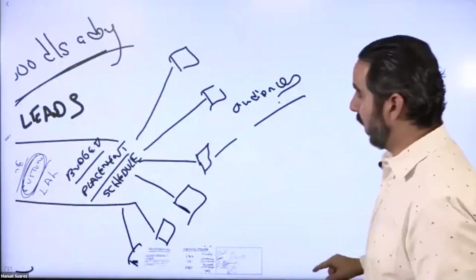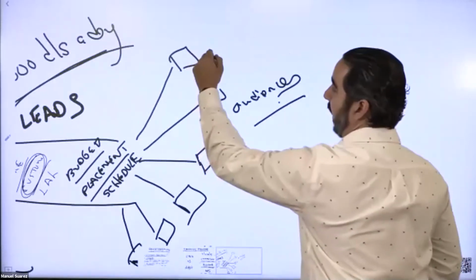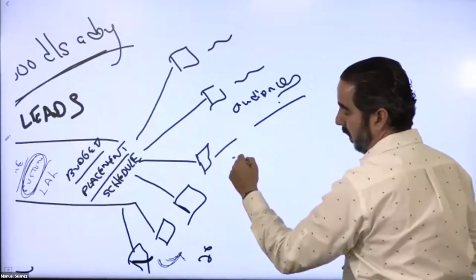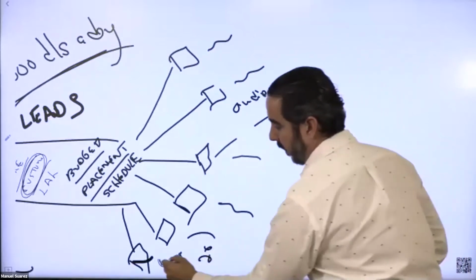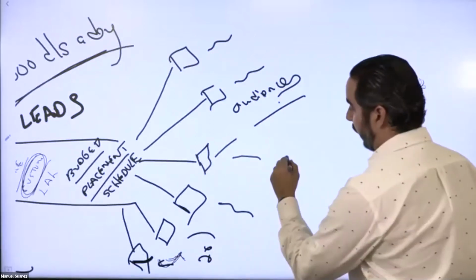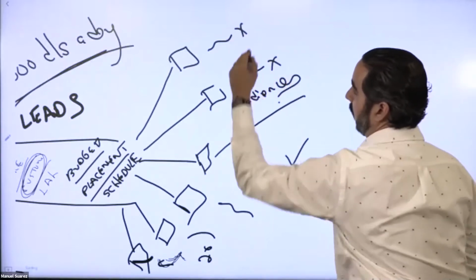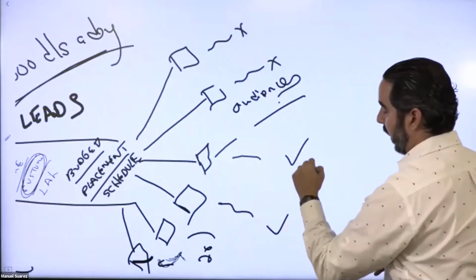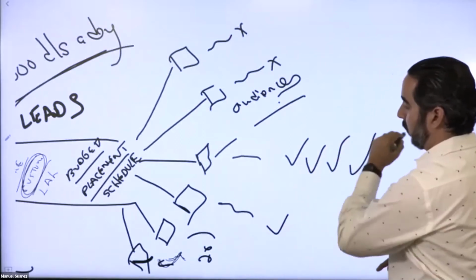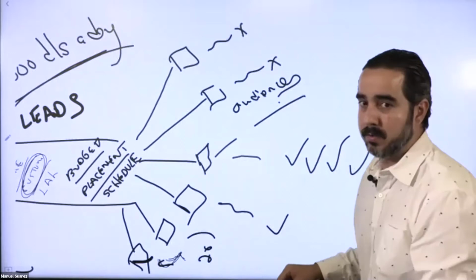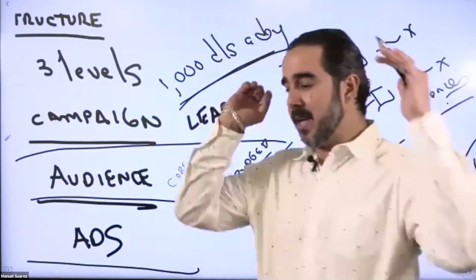And what Facebook does is that it starts spending the money a little bit here, a little bit here, a little bit here. And then they get a result here. And no results, and no results, and a result here. And they get another result here, and another result, and another result. What's the result? Well, likes do not mean anything.